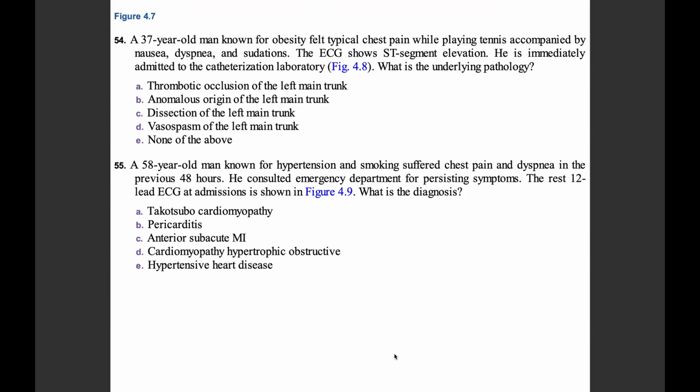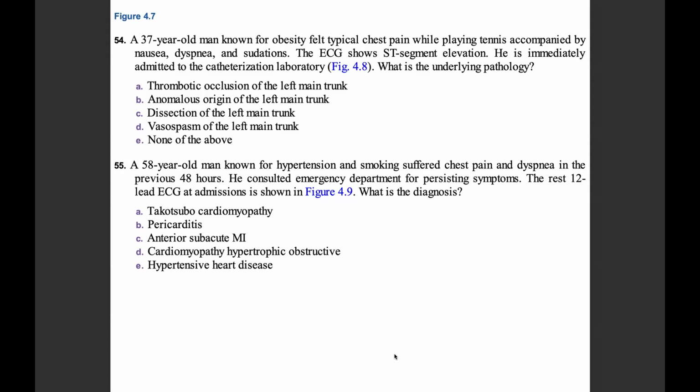Question number 55. A 58-year-old man known for hypertension and smoking suffered chest pain and dyspnea for the previous 48 hours. He consulted the emergency department for persisting symptoms. The 12-lead ECG on admission is shown in Fig 4.9.